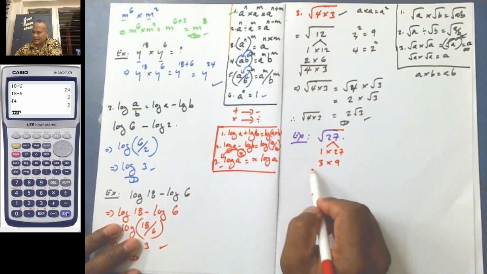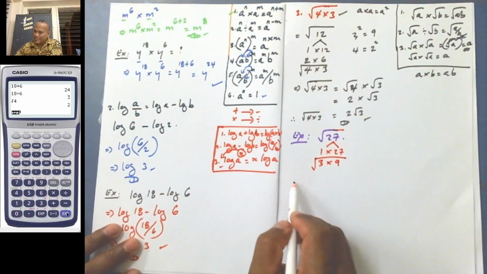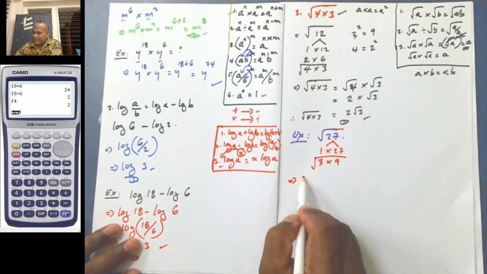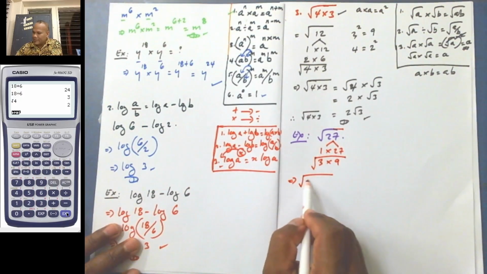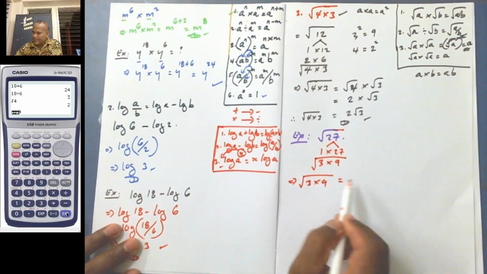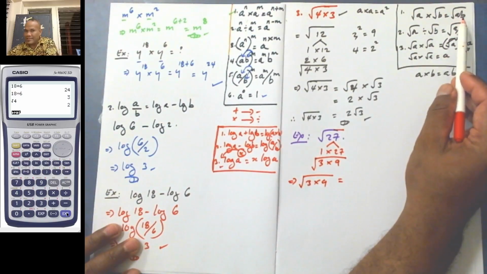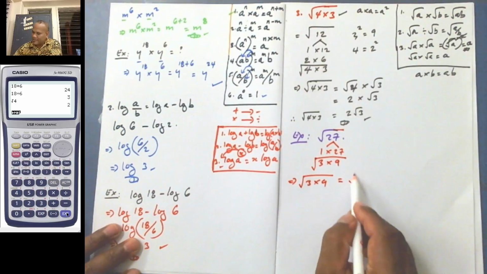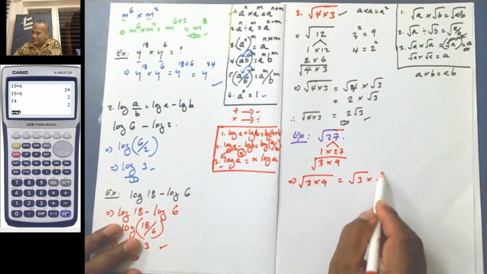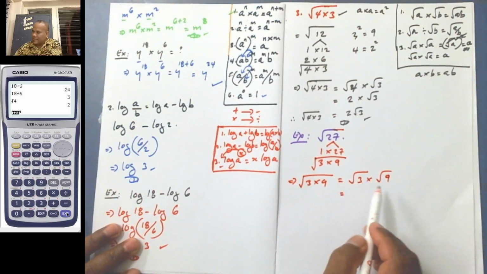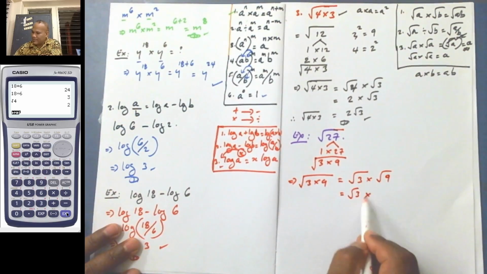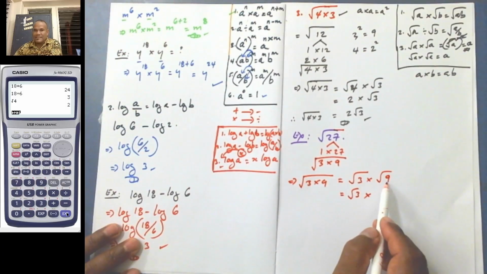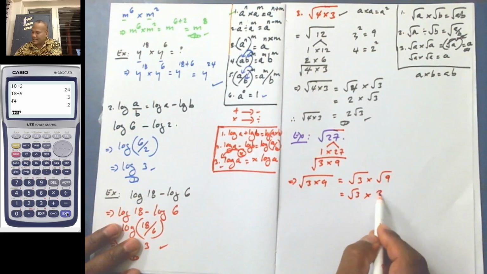Yes, 9. So I can break this down as saying square root of 3 times 9. Square root of AB is the same as square root of A times square root of B. So this is square root of 3 times square root of 9. What is square root of 9? Square root of 9 is 3.